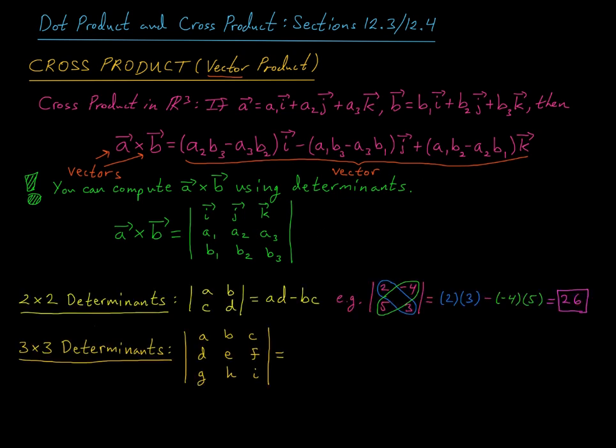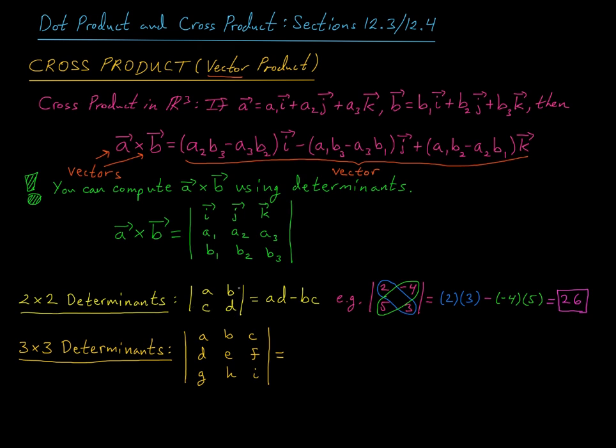Okay, so let's first look at 2 by 2 determinants. I have this 2 by 2 array of numbers, known as a matrix here, A, B, C, D. Now to take the determinant of this 2 by 2 matrix, it's denoted using these vertical bars, which look like an absolute value.